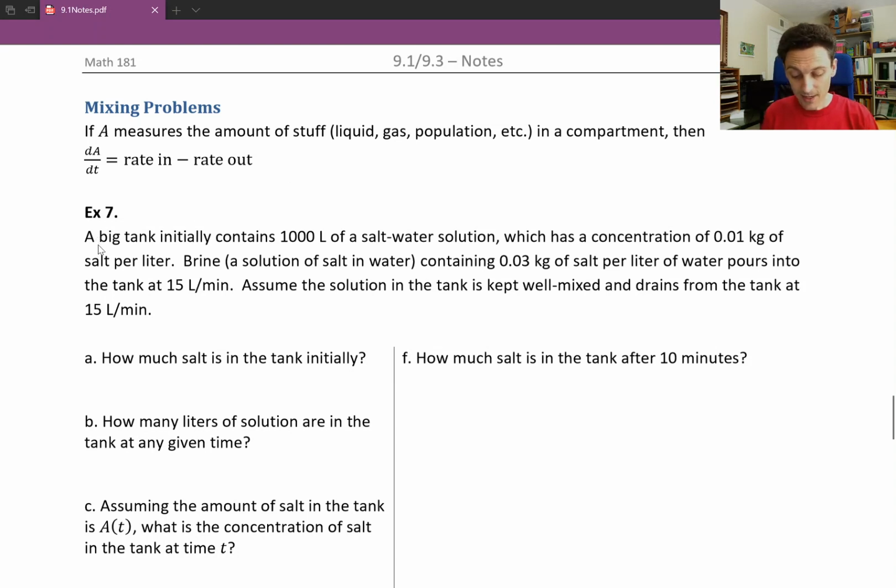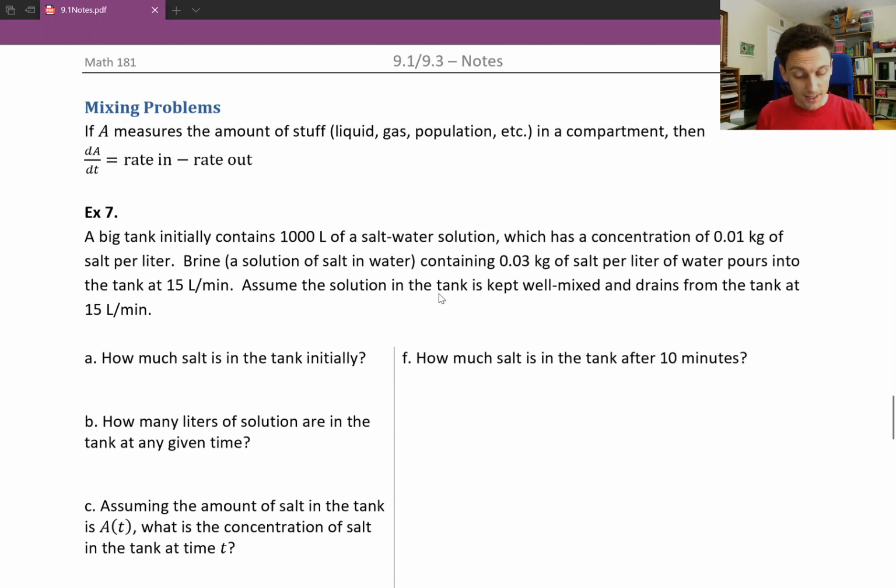So here in example 7 we have a big tank that initially contains 1,000 liters of a salt water solution, which has a concentration of 0.01 kilograms of salt per liter. Brine, which just means a solution of salt in water, contains 0.03 kilograms of salt per liter of water and is pouring into the tank at 15 liters per minute.